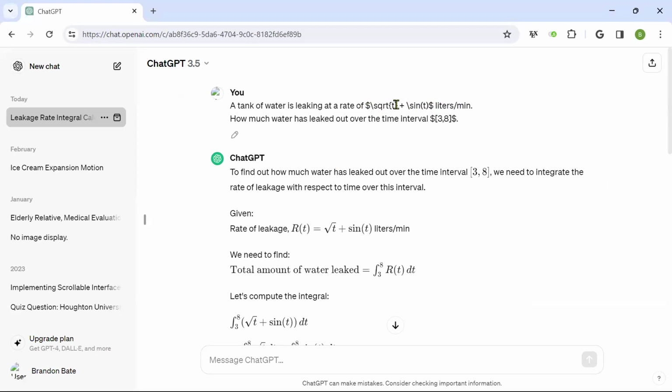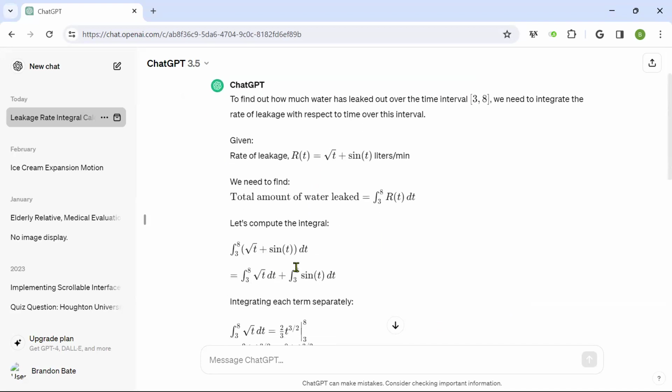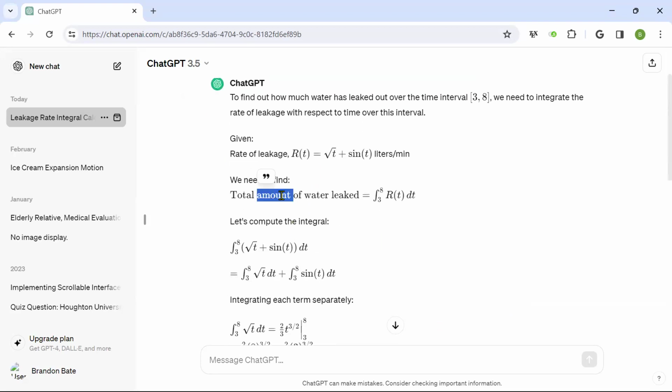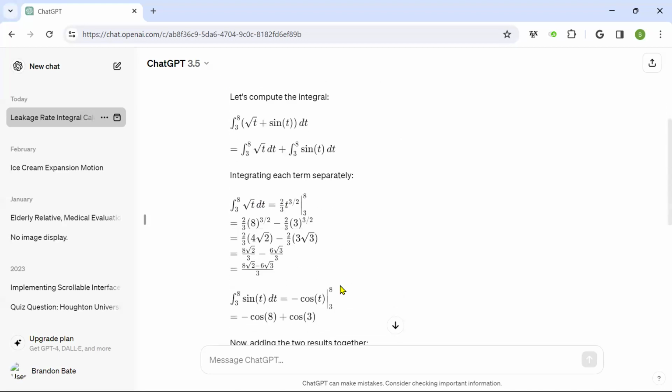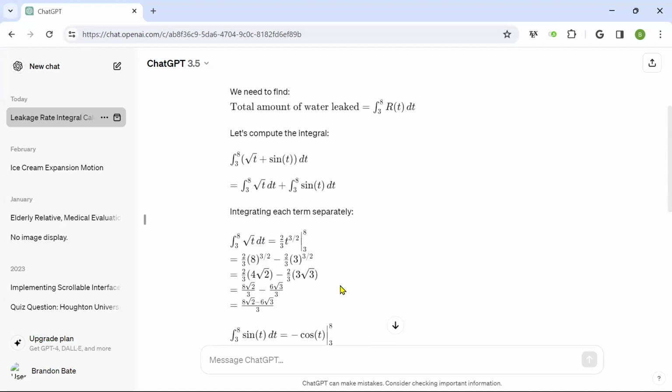This is a math typing system called LaTeX, and ChatGPT can understand it. So I gave it this integral. It correctly set up that it's the square root of t plus sine t. And then it's like, okay, I need to do this integral.